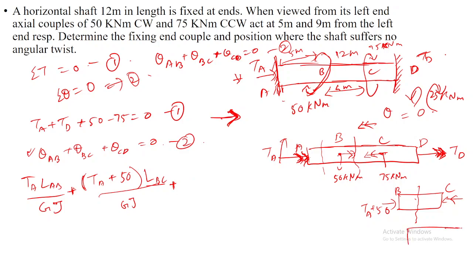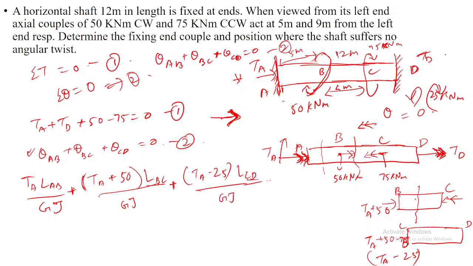If you draw the free body diagram of the CD section, it will be TA towards this direction plus 50 towards this direction, but minus 75 because it is pointing away from the cross section. So the net load acting is TA minus 25. Correct or not? Yes, sir. So it is TA minus 25 into L_CD divided by GJ equals 0.